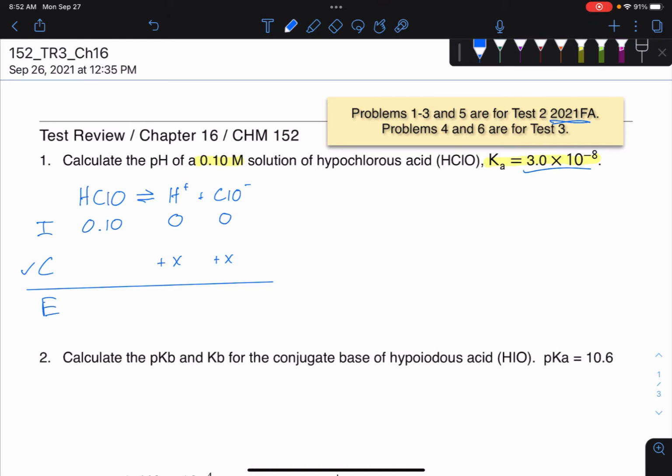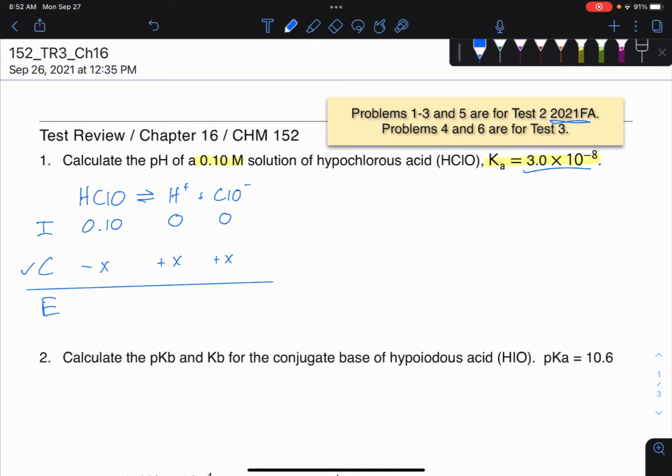Now, X is going to decrease on the other side by some corresponding value. In this particular example, and in many of the hydrolysis reactions you see in Chapter 16, it's going to be just 1X all the way across.